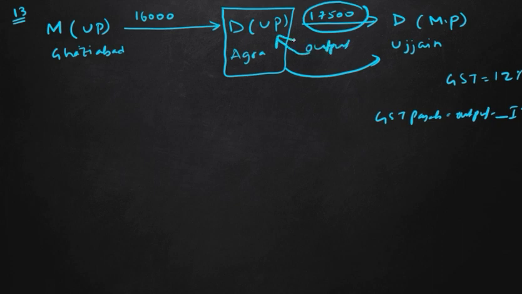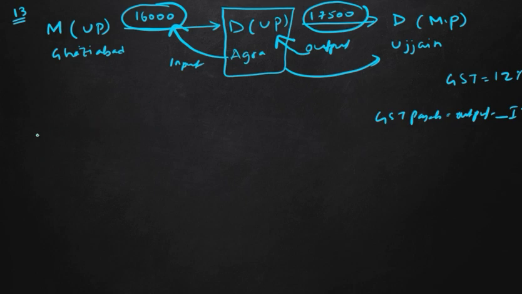And for the input, the GST on the amount 16,000 paid by our dealer in Agra will be our input. After finding this we have to subtract them, then only we can find the GST payable. In this way you have to make one map in your mind or in your copy, then you can easily solve it. Okay, now we will proceed. This was the rough work.